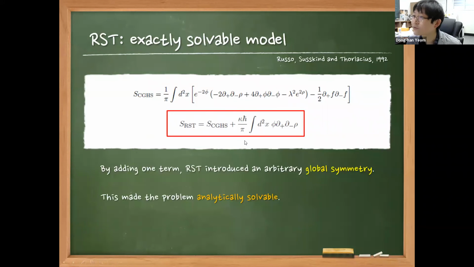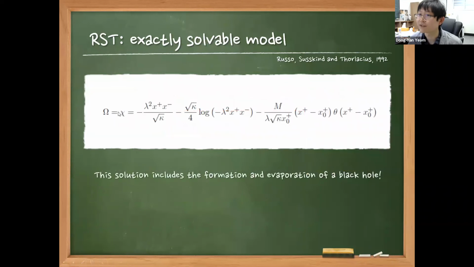I forgot to mention details about what is omega and what is kappa. No, chi, but omega and chi are some dilaton and metric parameters. And then this is the solution, not only including gravitational collapse, but also including the evaporation. So this solution includes the formation and evaporation of a black hole at the same time.